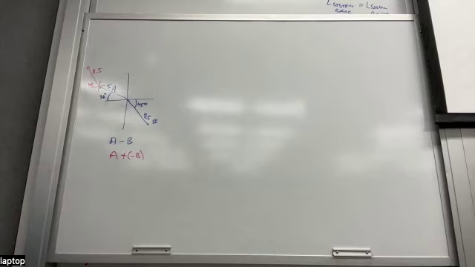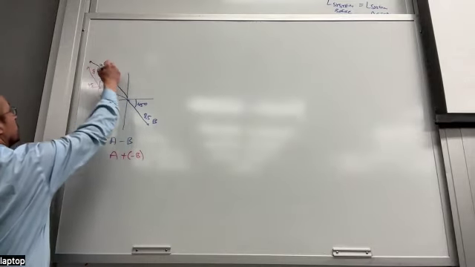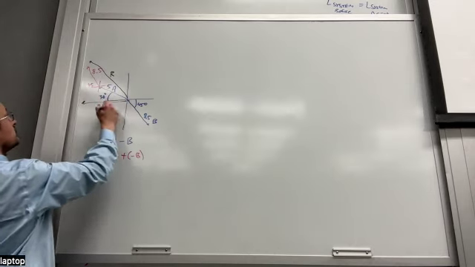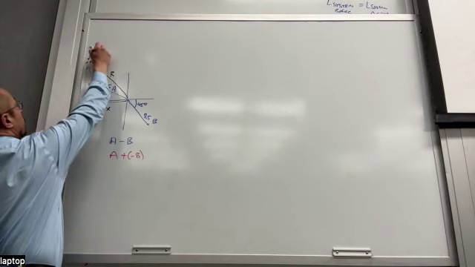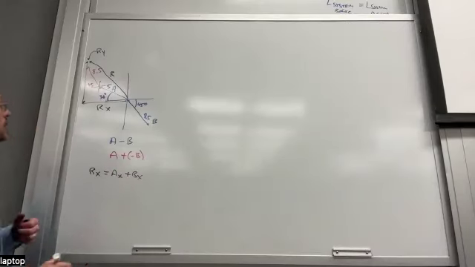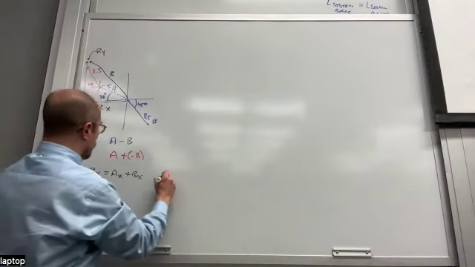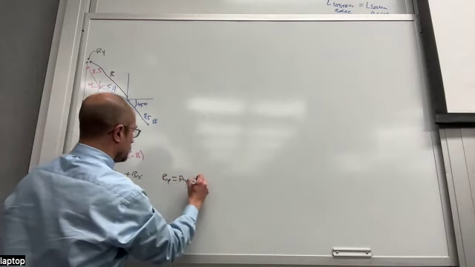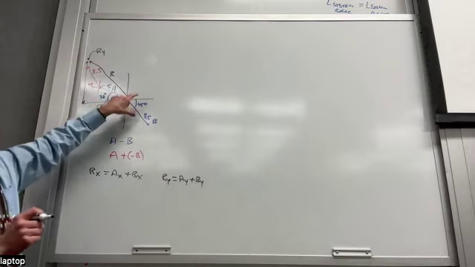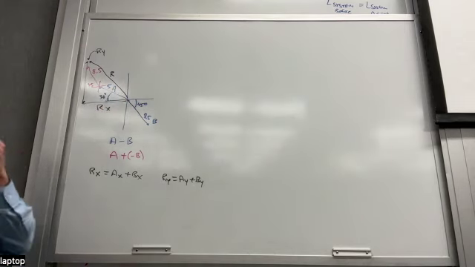So what we remember then is that this would be R, where Rx is AX plus BX now, because we've already accounted for the negative, and then Ry is AY plus BY. The other option is you can calculate the components right here and then add the negative signs as needed. You can do it either way.